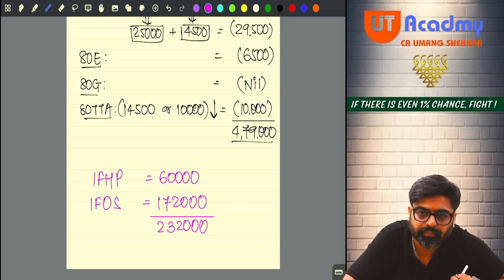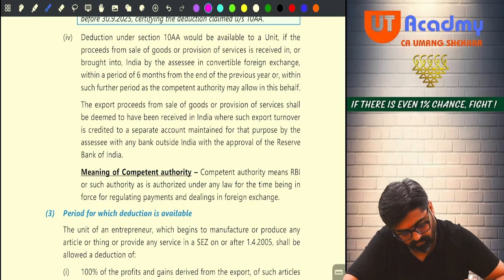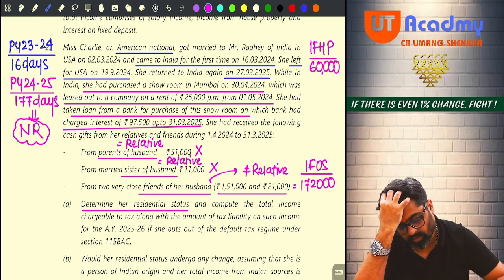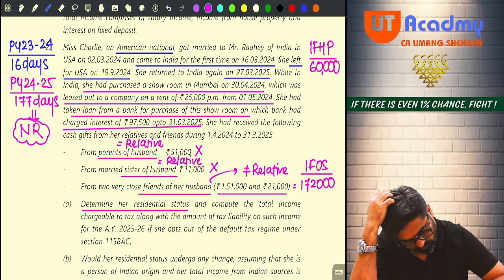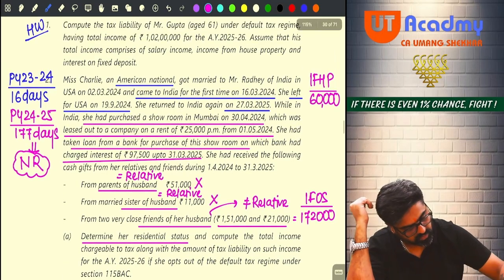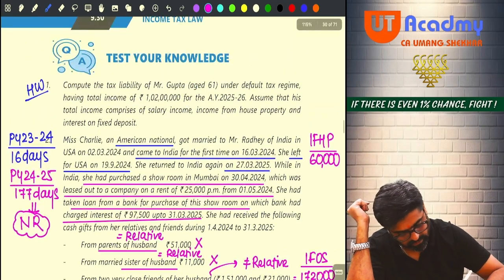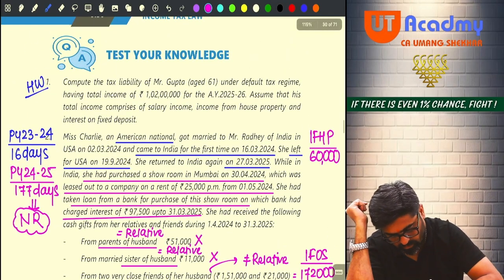Yes or no? Now wait. Total income 2,32,000. One minute. 25,000 into 11 is 2,75,000. See, I have taken rent of 60,000.